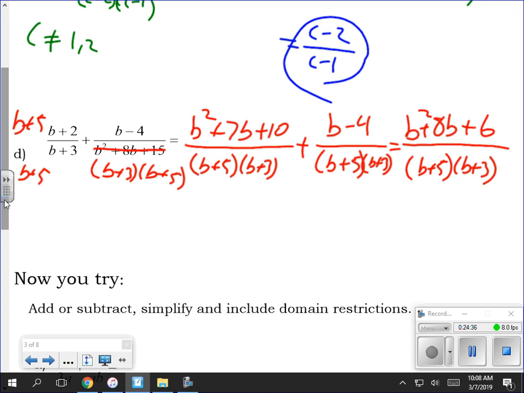Is b squared plus 8b plus 6 factorable? No, there are no two numbers that multiply to give me 6 that add to give me 8. So I'm done. It's not factorable. This is my answer. Okay? Not too terribly horrible, I hope.